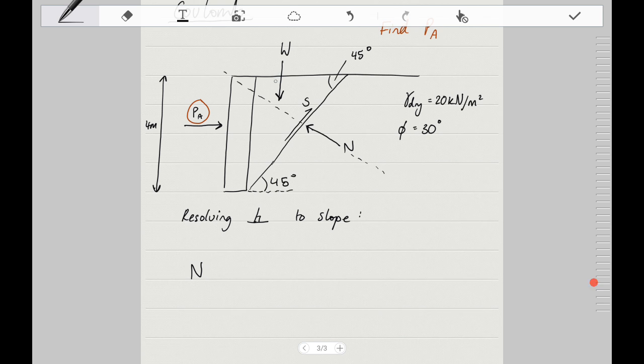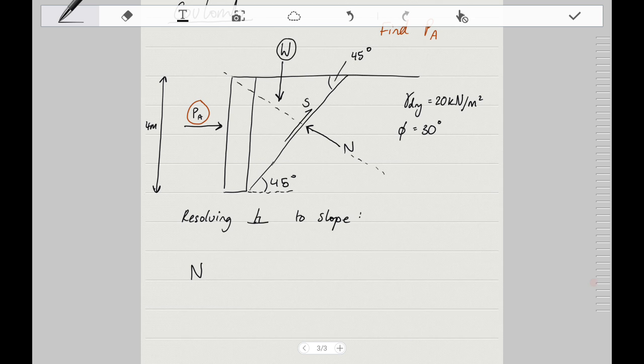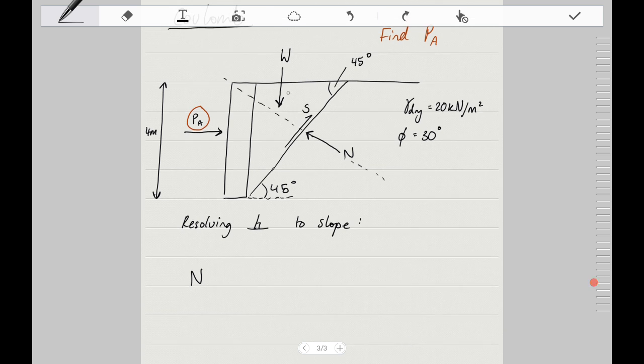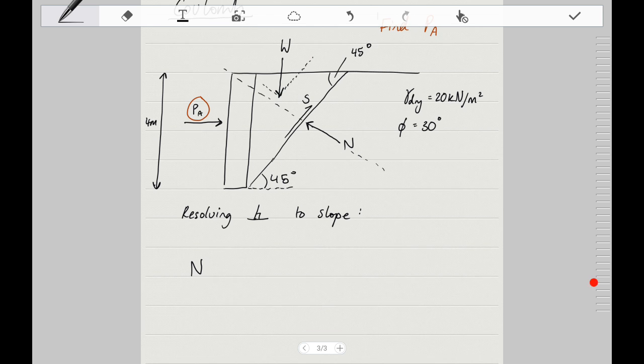So we need to resolve W, and we need to resolve PA. In terms of trigonometry, if we were to create a local axis for W, this would be 45 degrees, this 45 degrees, and conveniently, because this is 90 degrees, this should also be 45 degrees.